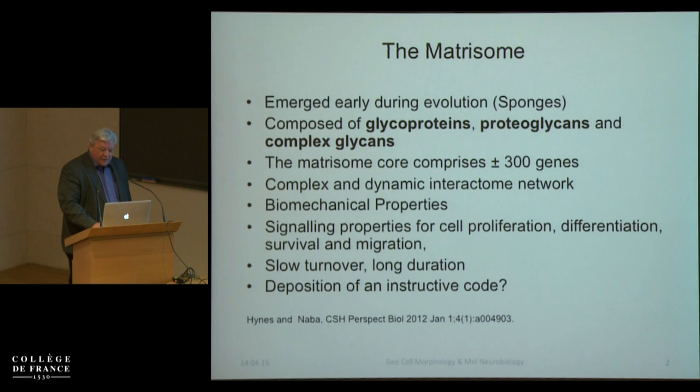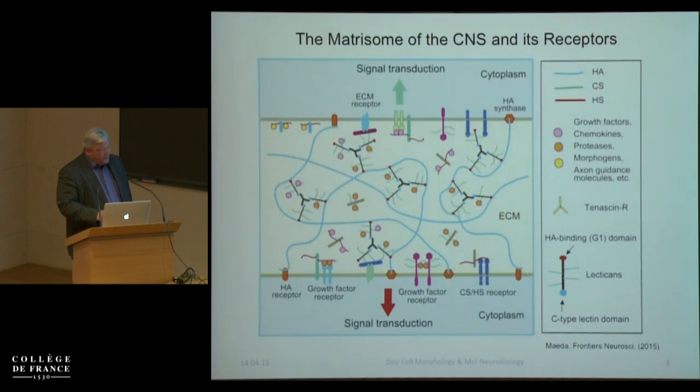The matrix components interact in the pericellular environment and form complex interactomes of proteoglycans and glycoproteins that are further bound together by long strands of hyaluronic acid. These hyaluronic acid strands are attached to cell surfaces either by hyaluronic synthase or by hyaluronic acid receptors.